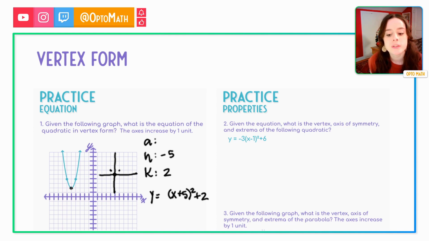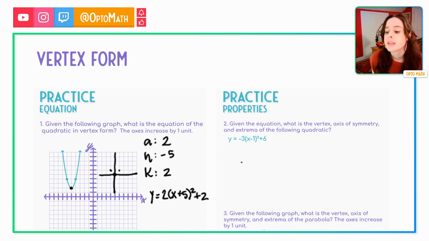So let's see what happens here. I don't go right 1, up 1. I go right 1, up 2. So if I've gone from a y value of 1 to 2, so it's, again, instead of right 1, up 1, right 1, up 2, that means I've multiplied that 1 by 2 to get to 2. So that's got to be an a value of 2. So that's going to be a 2 there, and we're done with that equation.